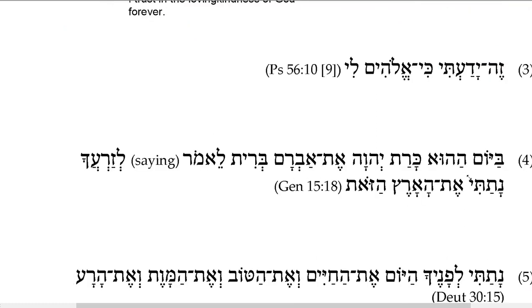Let's do one more here. We'll look at Genesis 15:18. So let's read this verse. Bayom hahu karat Adonai et Avram berit lemor lezaracha, coming over to the next line, natati et haaretz hazot.